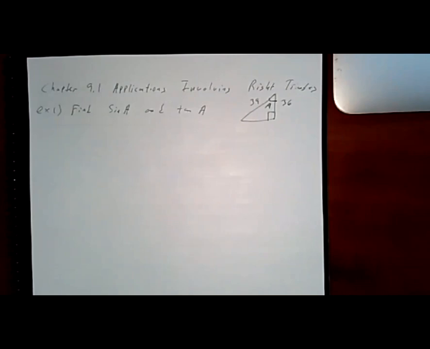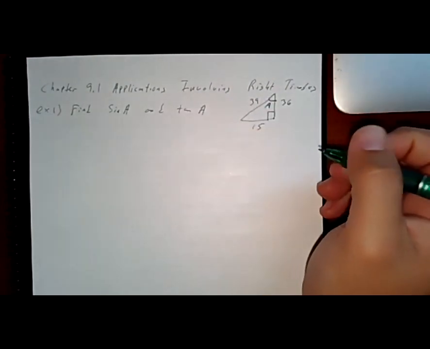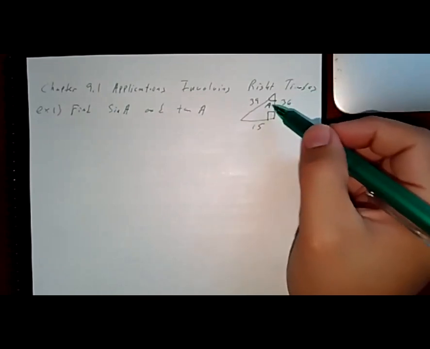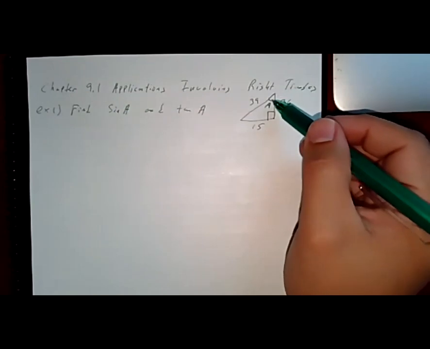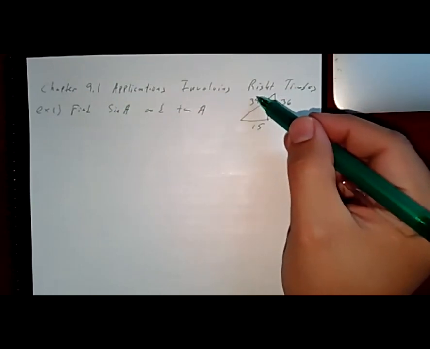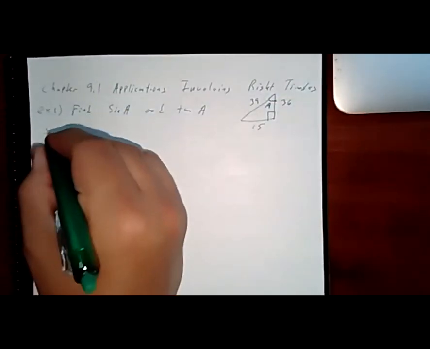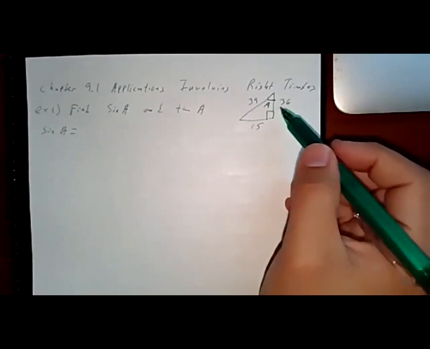Now, let me go ahead and give you this side. So if the angle is up there, then sine A would be opposite to this angle over the hypotenuse. So sine A is still the same, it's just the orientation is different.